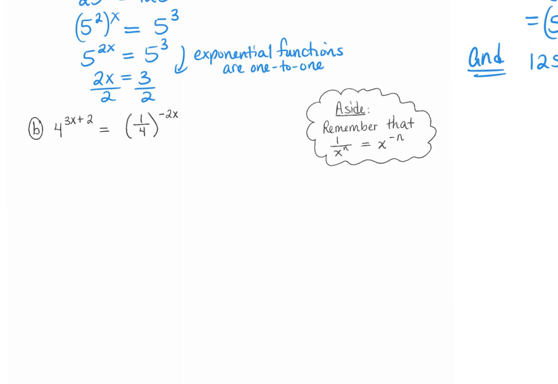I think we should try to get 1/4 to 4. You think that would be easier than trying to get 4 to 1/4? That's correct. So how do you get 1/4 to have a base of 4?